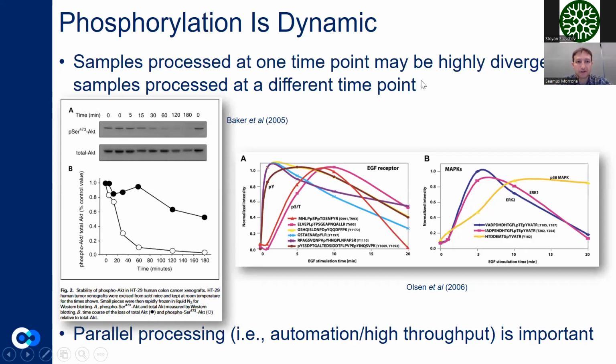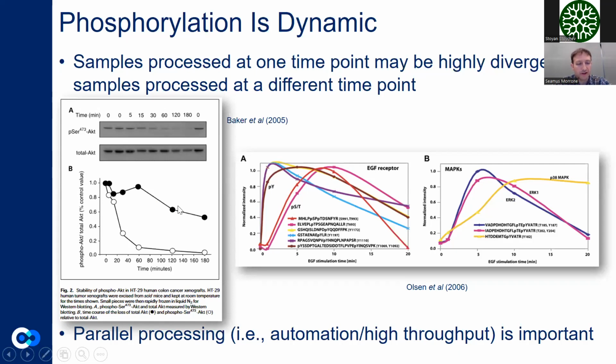Phosphorylation is dynamic, and how samples are processed and the time frame are critical, because there are studies that have shown, for instance, this blot against total AKT versus a phosphoform of AKT. What the researchers did was excise tissue, allow it to sit for a certain amount of time, and then finish the processing.